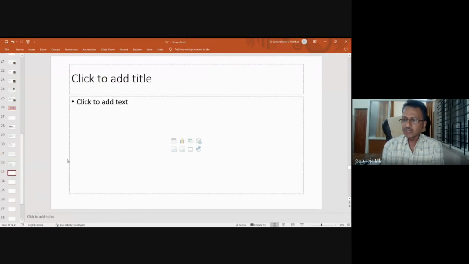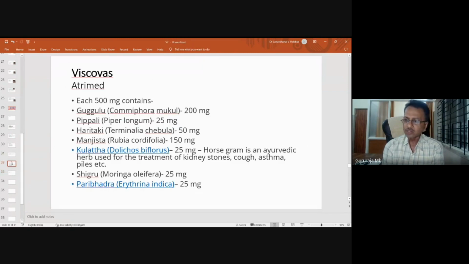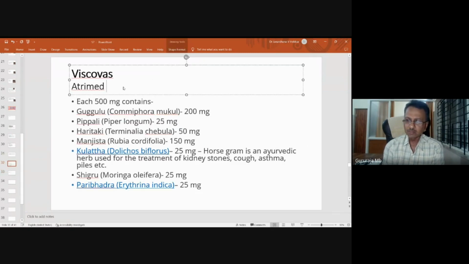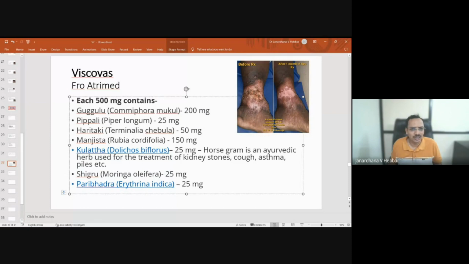It gives you an idea of how the drug works in different conditions, whether it is true or false, whether the outcome is just by coincidence or the drug is really working. And yeah, Viscovas is tremendous. They have thoughtfully added all things related to opening of the body channels. Even horse gram, or kulattha, is there in it.